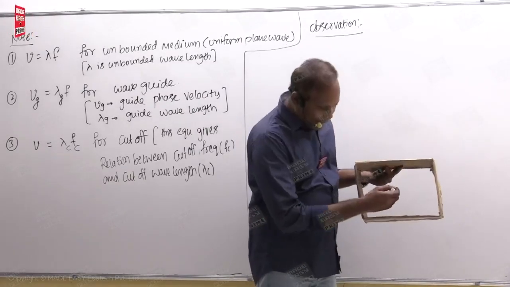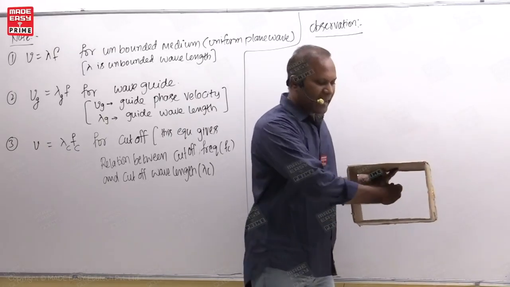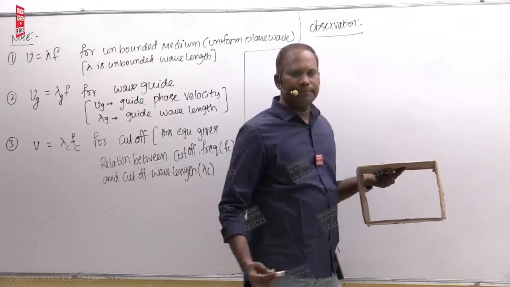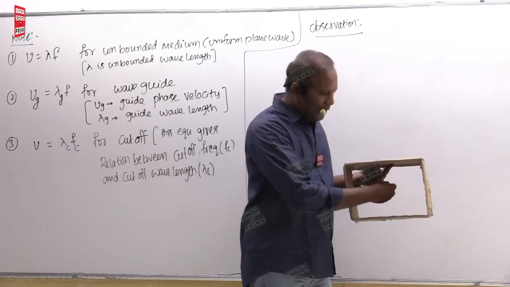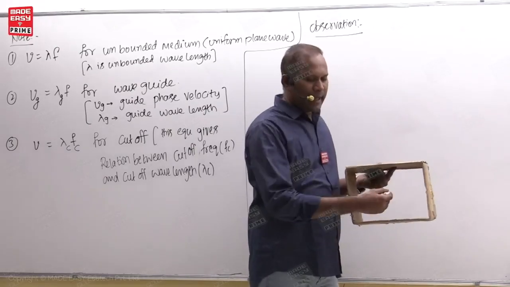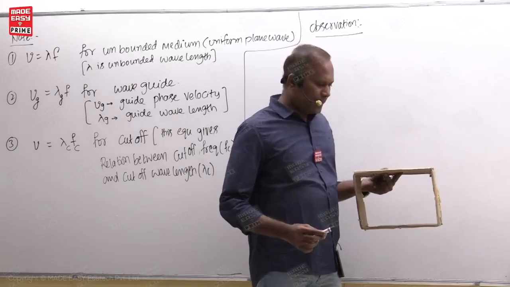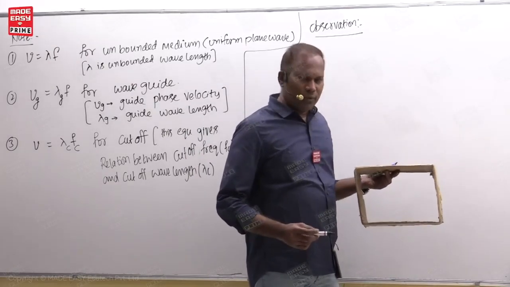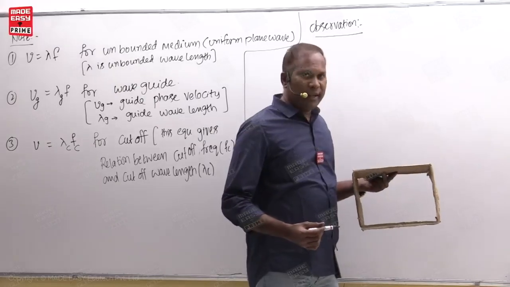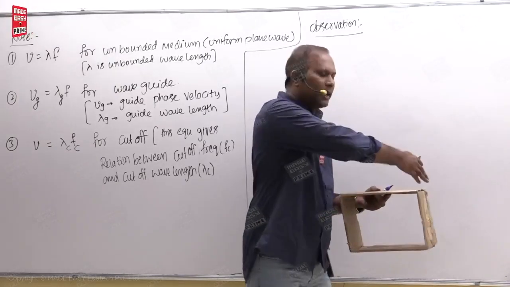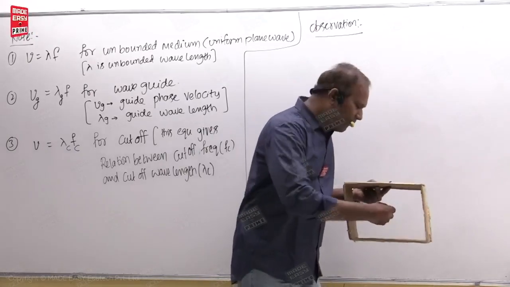The center line, this one. The center line of the waveguide is called waveguide axis. For example, if any EM wave travels along the axis of the waveguide from input end to output end, then that EM wave enters like this, straight away it goes.